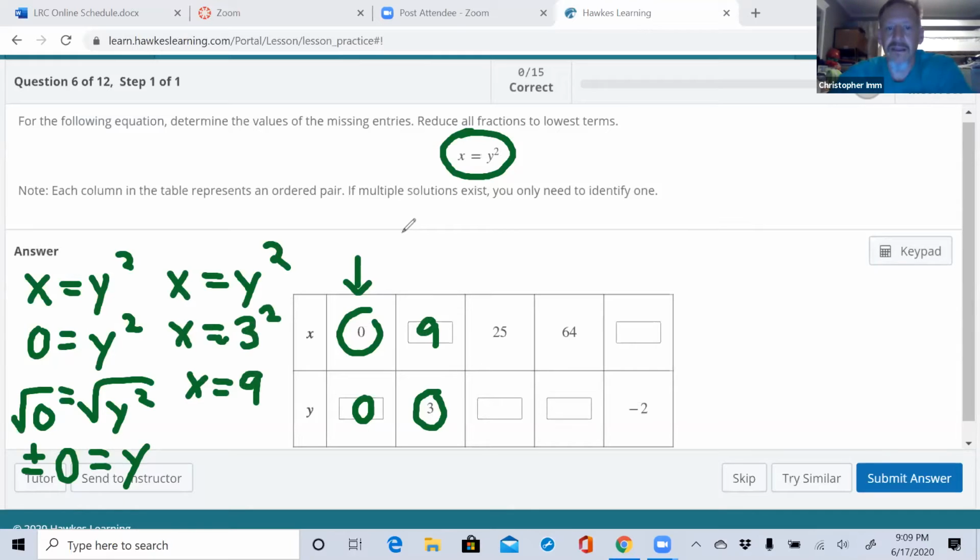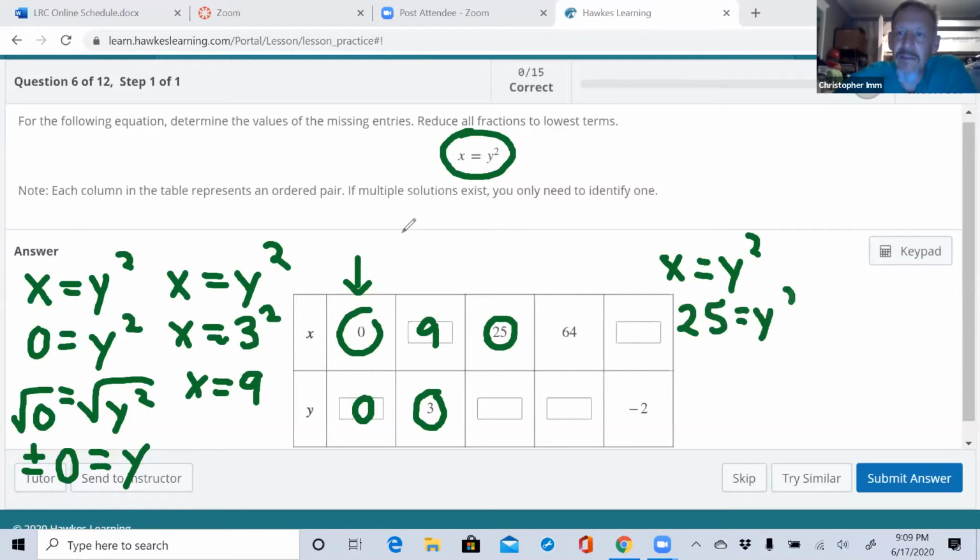Okay. This next one, I'm going to plug in 25 for x and see what my y has to be. Again, I'm just going to use that relation. So x is equal to y squared. I have 25 is equal to y squared. And I'm going to go ahead and take the plus or minus square root.